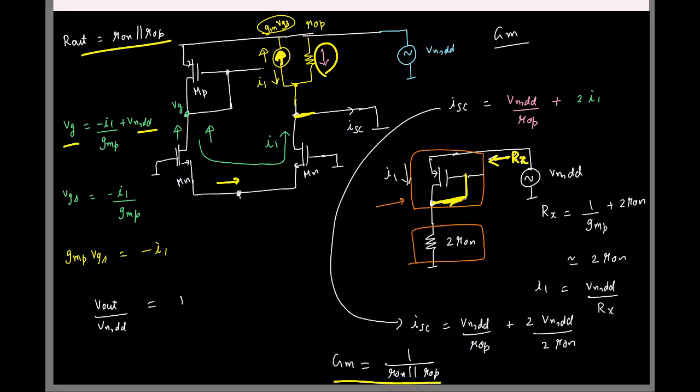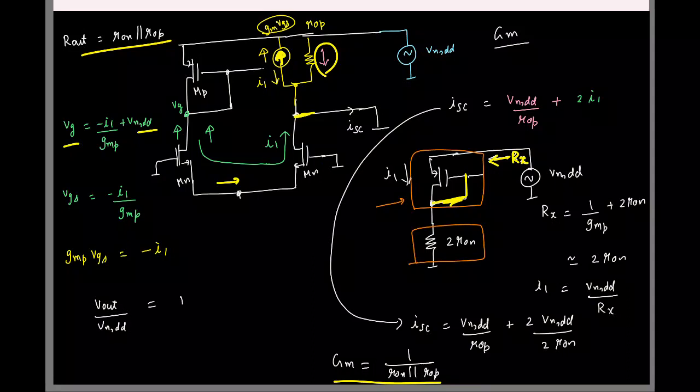What this says is that if there is any change in my supply, that is going to get directly reflected at the output. So do you think this is good or bad? This is bad, simply because I want my system to respond only to the input I provide here. Whatever I am applying to the gate is the input to which I want my system to respond.